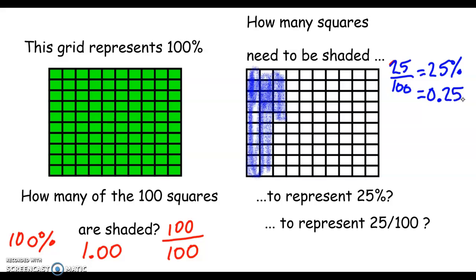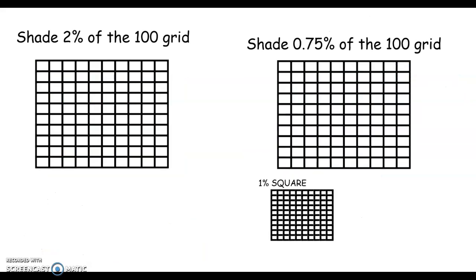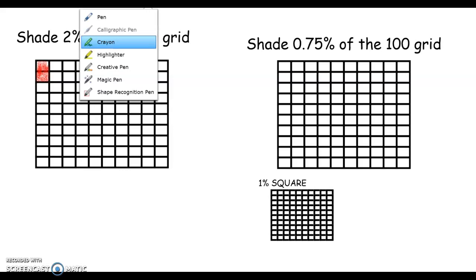Okay, and let's move to the next slide. If we think of shading 2% of this 100 grid, 2% is 2 out of 100, so we would just shade 2 boxes.